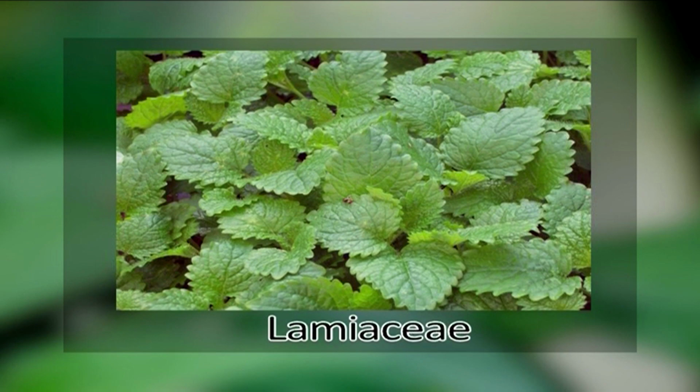Do you know that all these plants, whether spices like mint or perfumes like lavender, belong to a single botanical family called Lamiaceae? So let us today discuss this family Lamiaceae.